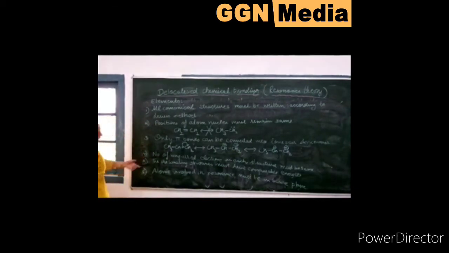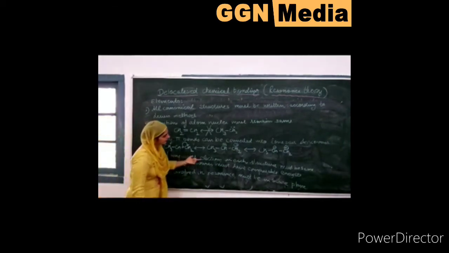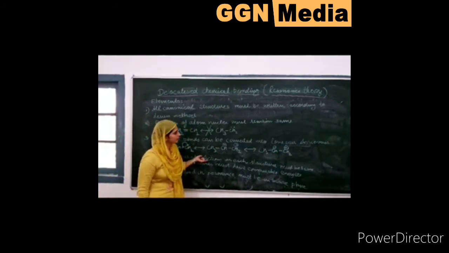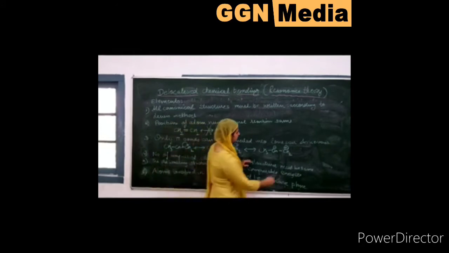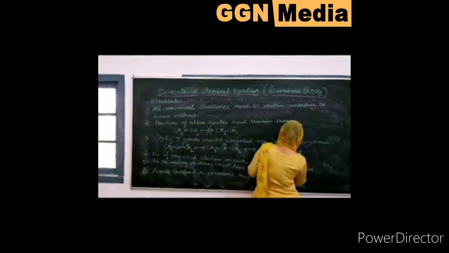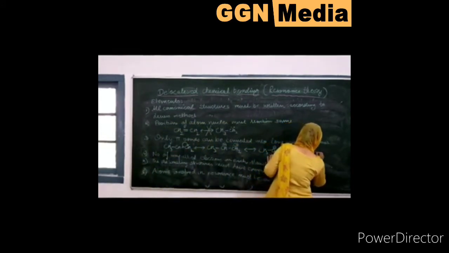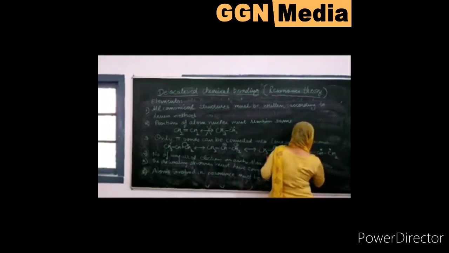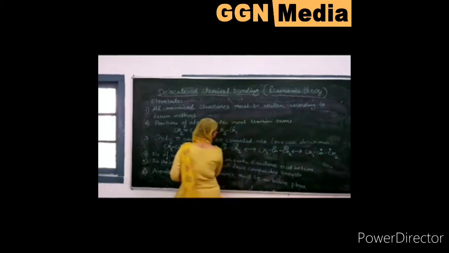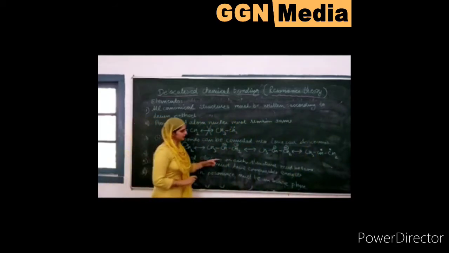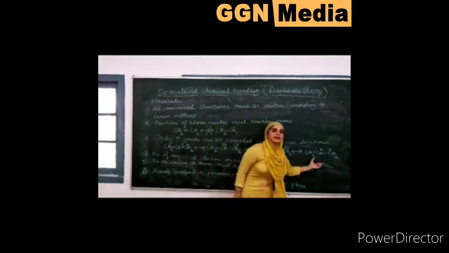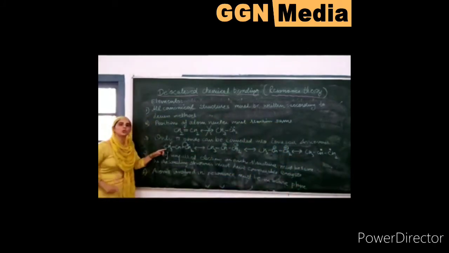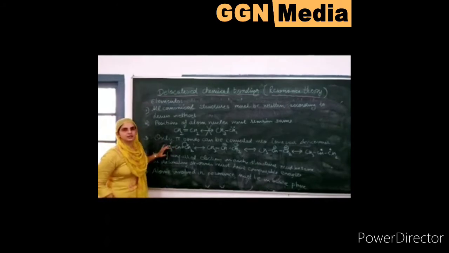Coming to the fourth point, the number of unpaired electrons in each canonical structure must remain the same. Taking the same example, if we write one more structure, in this structure we have two unpaired electrons, and in all the other three structures there is no unpaired electron.